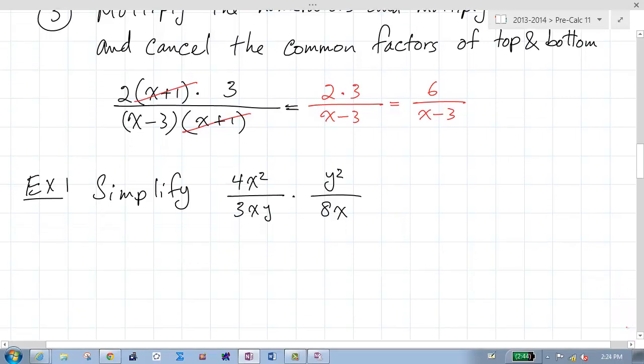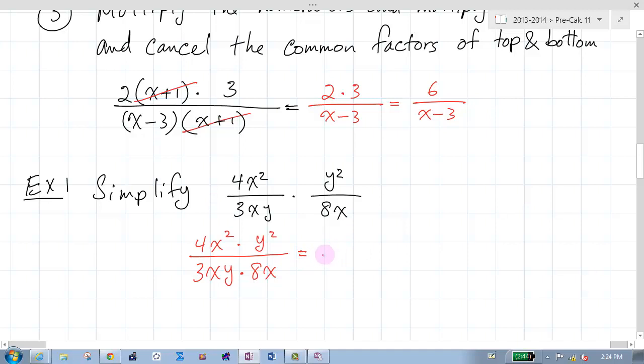If I have this fraction, 4x squared over 3xy, and I multiply it by y squared over 8x. These are already in factored form. So all I'm going to do is write them as one fraction: 4x squared times y squared, over 3xy times 8x.